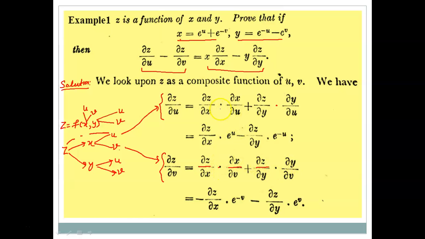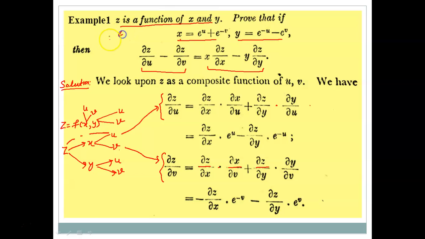So now from these expressions, let us put the values first here. Here you can see that del z over del x cannot be calculated here. It can be kept in the same form as it is. Why? Because here we are given z is a function of x and y.